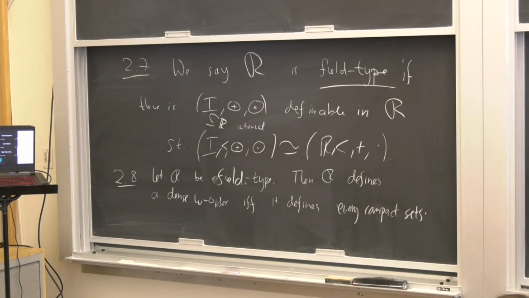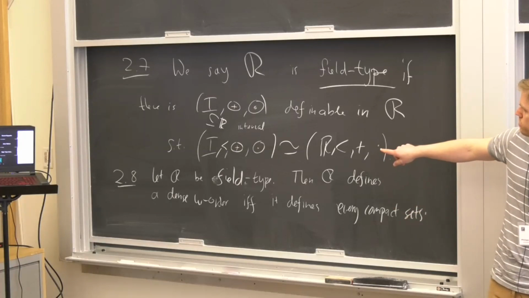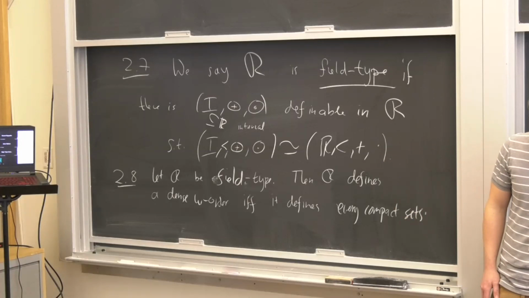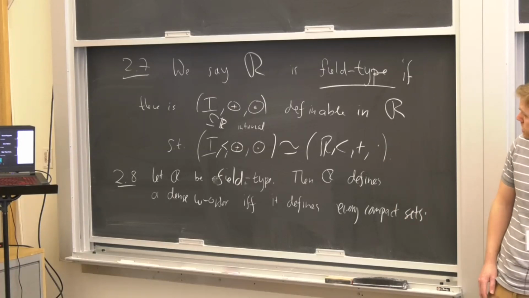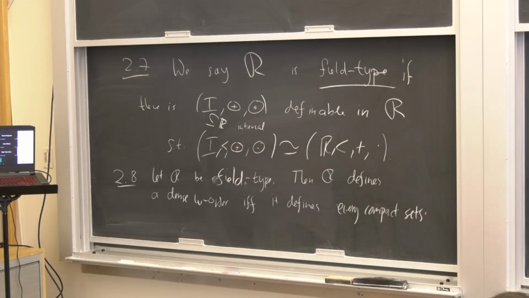So R here is an expansion of the ordered additive group? Yes. So if you have an order, you have field type, you can even further reduce that, but I want to just state it like this, for expansions of the real vector space. We don't even need multiplication, just scalar multiplication for every alpha being defined.